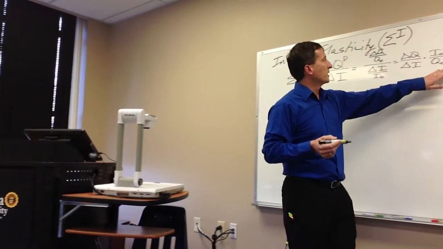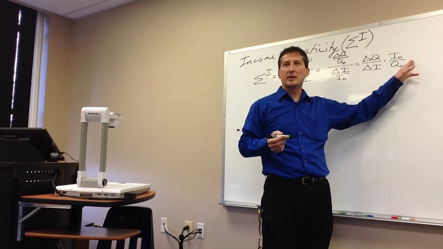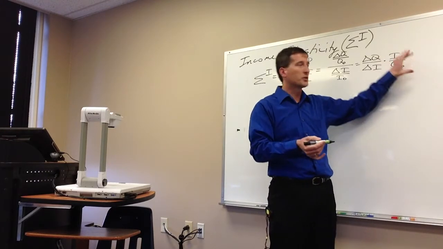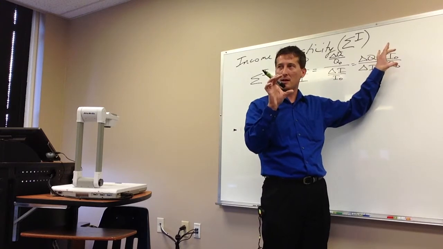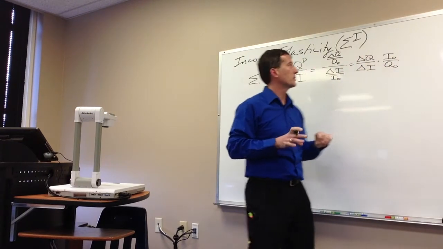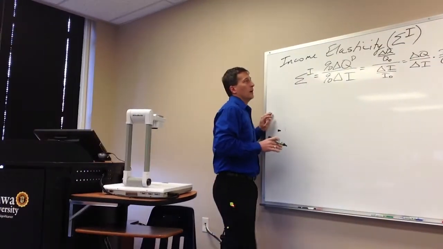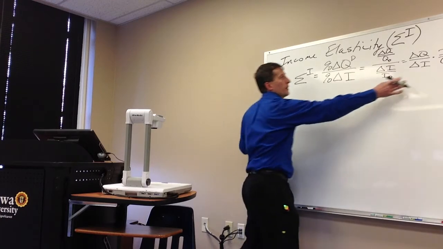So a problem will give you, okay, current income is $20,000, the current amount being sold is 875 units, so those are your point estimates for a given problem, and then there'll be some sort of change or a couple numbers to work with.